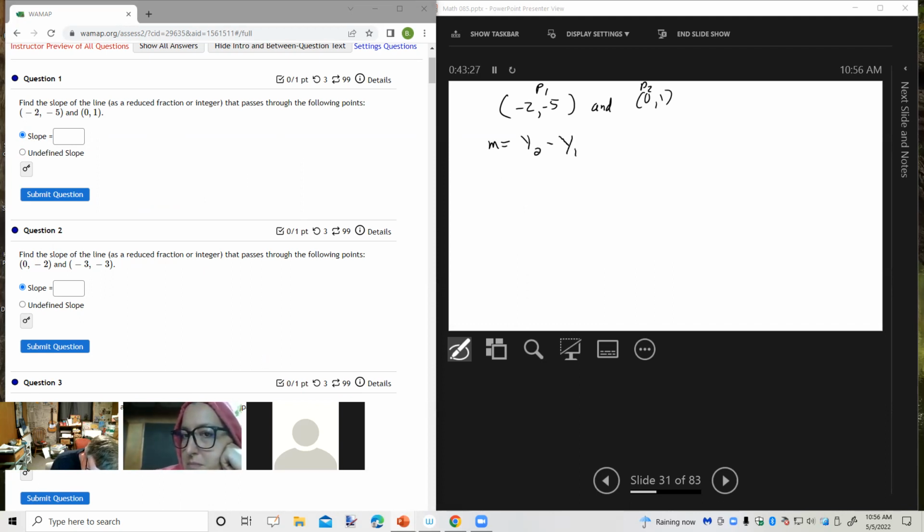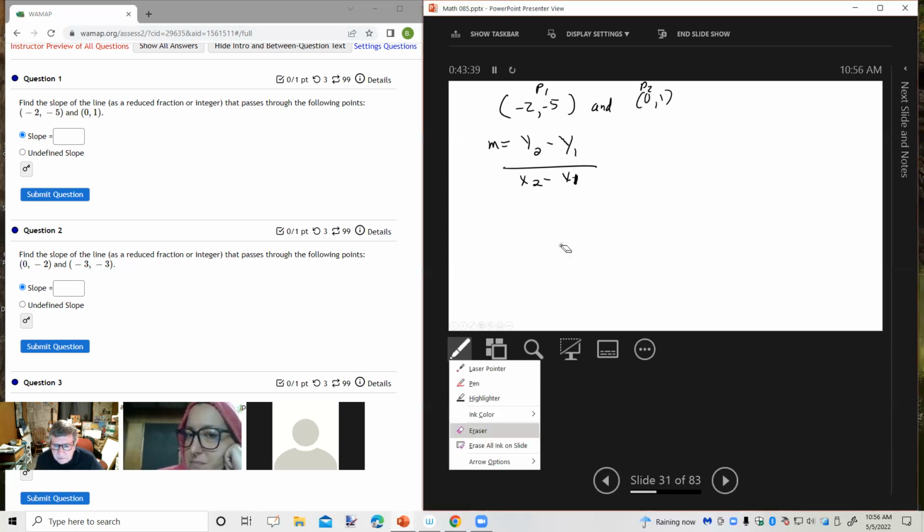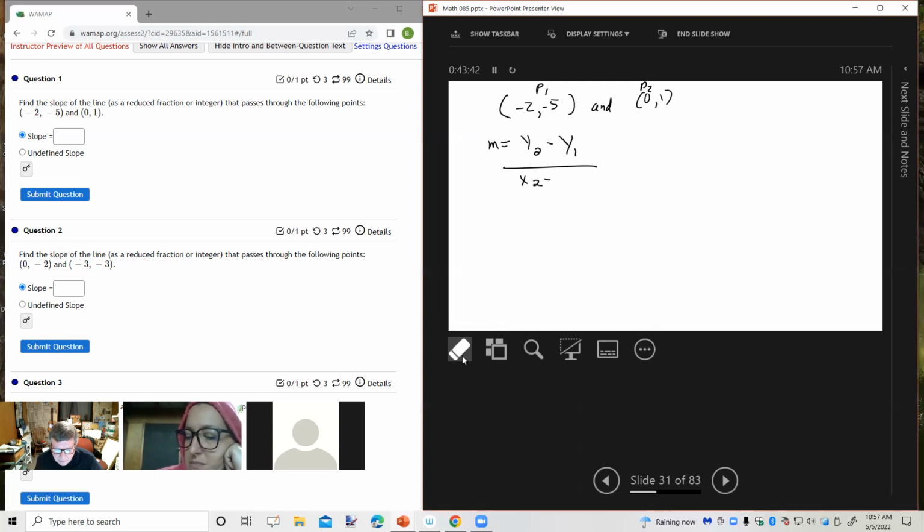I suggest that each time you do one of these problems, you write it down correctly for starters. I suggest you write the slope formula so that it gets stuck in your head, okay? So y sub 2 is 0, y sub 1 is -5, x sub, oh, that's wrong, isn't it?